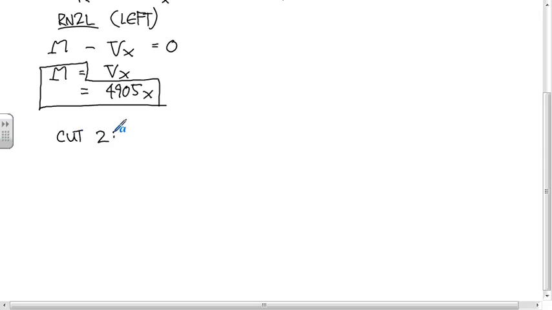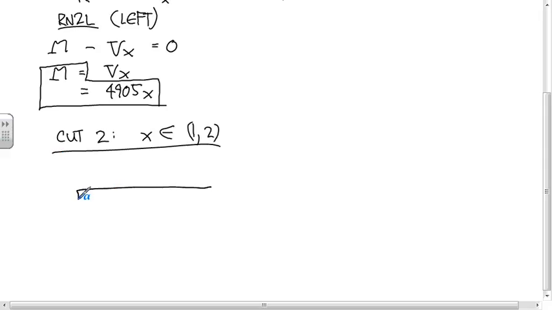And now cut 2. We're going to represent the x values between 1 and 2. We always go all the way from the left, so we always have this 4905. What other loads are acting here? The weight is on this one, yep. So 9810. And then the internal loads.